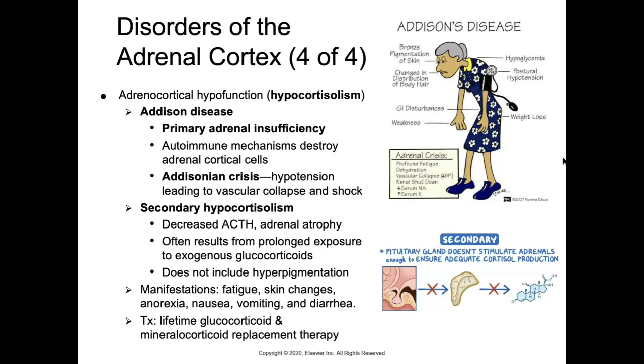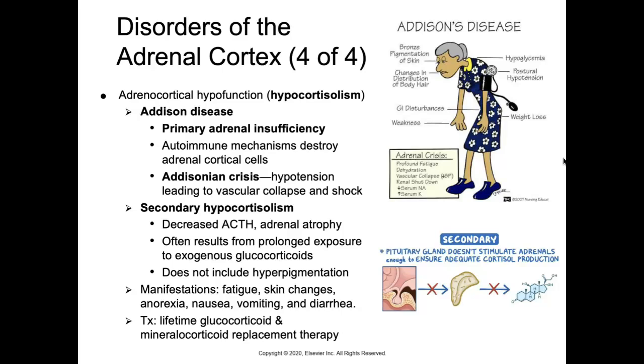So an example of what may happen is if somebody had a chronic infection that affected the adrenal glands, such as tuberculosis, that would cause them to have primary adrenal insufficiency. And this happens a lot in underdeveloped countries. So then there are these autoantibodies and autoreactive T cells that attach to the adrenal cortical cells and attack them.